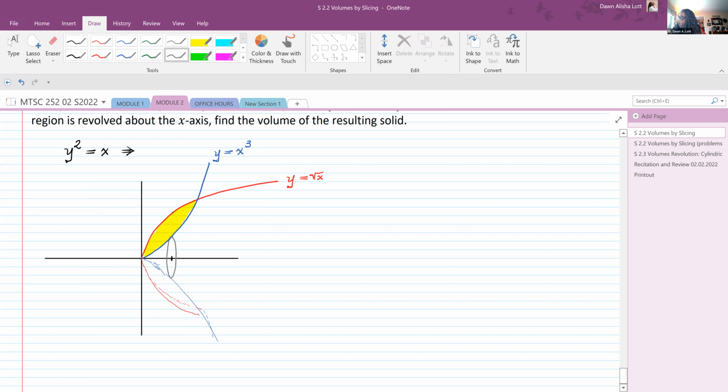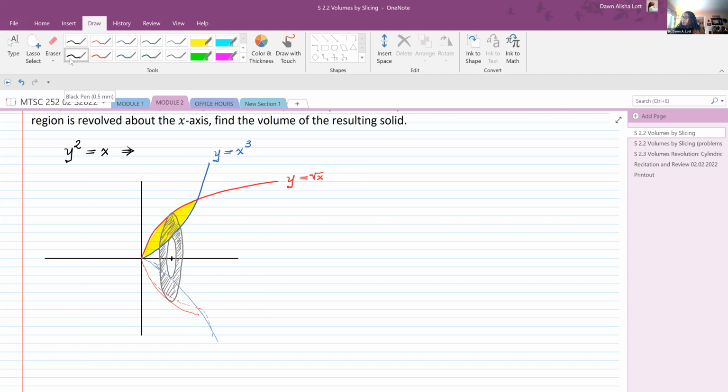But then this has a point on this curve that will revolve like this. And oh my goodness, there's my washer. I see it. There's the washer.